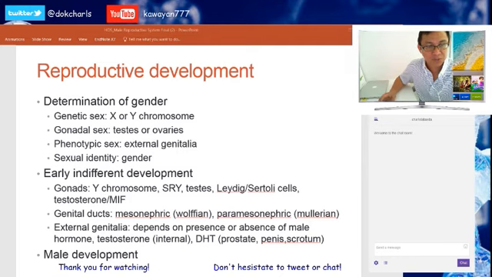Around the 4th week, 5 mesenchymal swellings covered with ectoderm form around the cloacal membrane: the genital tubercle, 2 urogenital folds, and 2 labioscrotal folds, and these gradually differentiate into your external genitalia.